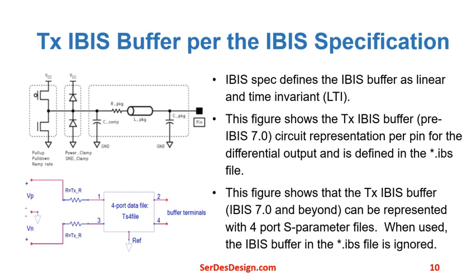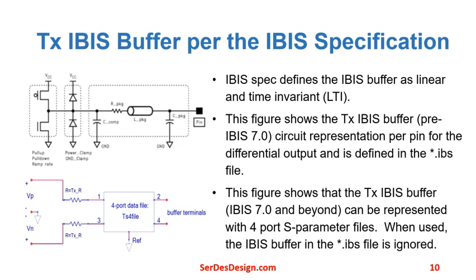The transmit circuit IBIS buffer is per the IBIS specification, and the specification defines the IBIS buffer to be linear and time invariant. The top figure, per the pre-IBIS 7.0 spec, shows the transmit IBIS buffer circuit representation per pin for the differential output, and is defined in the IBIS file.